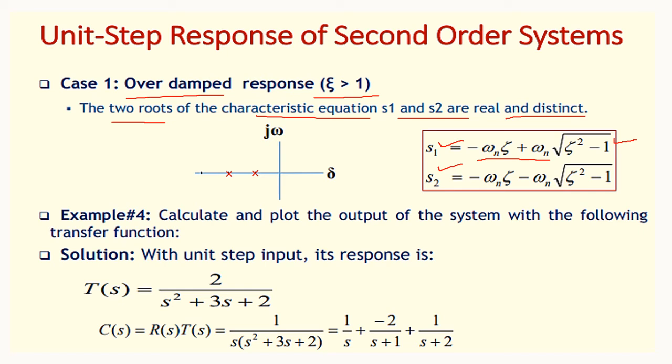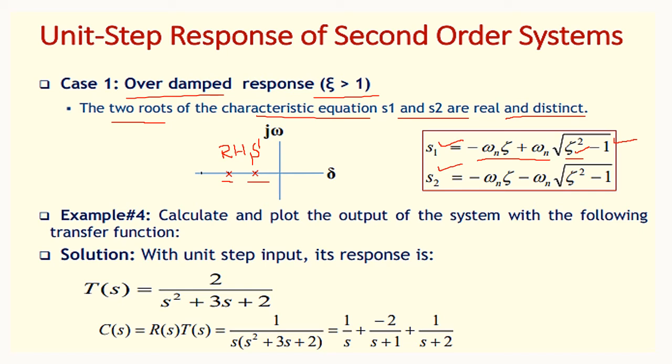The other one is minus omega n zeta minus omega n root of zeta square minus 1. So if I substitute values greater than 1 for zeta, then the roots will come to the right hand side, and they are real values, not imaginary.